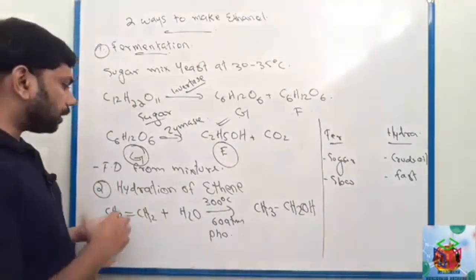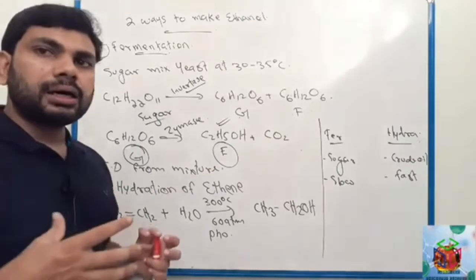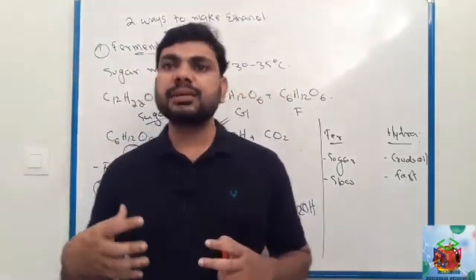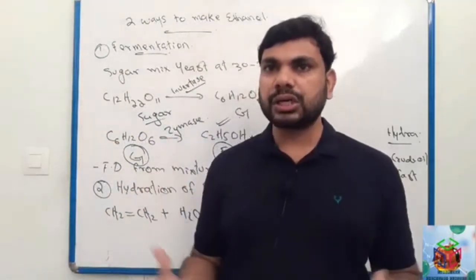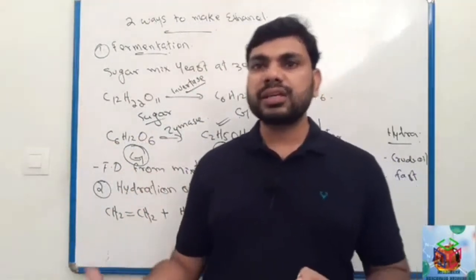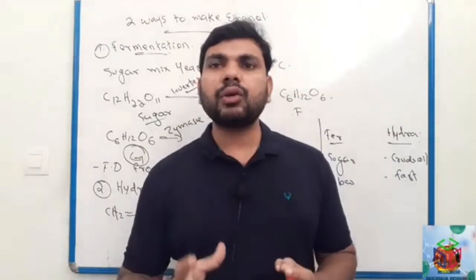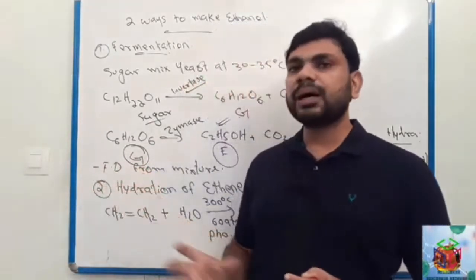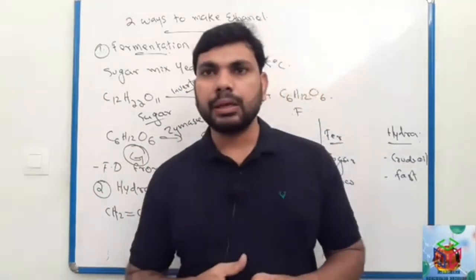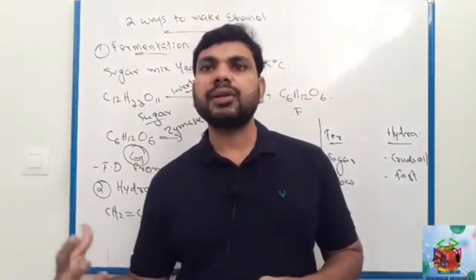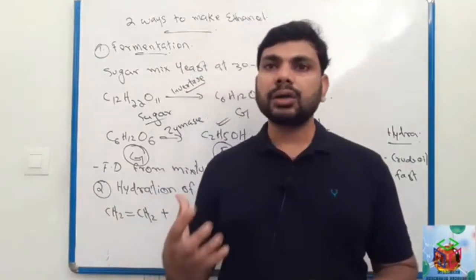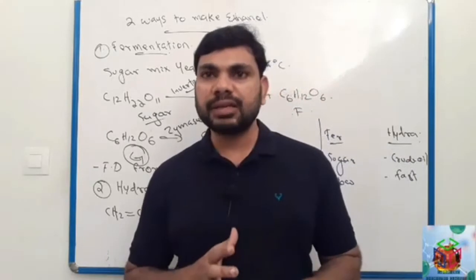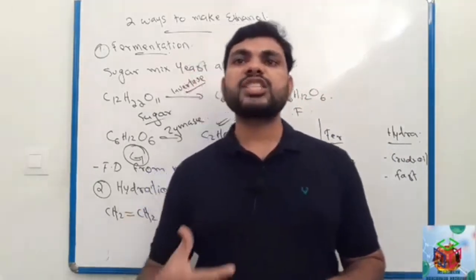Before the second method, one more point. Alcohol produced by fermentation is a mixture which contains water and different substances. So we will obtain pure alcohol from this mixture by fractional distillation, because different fractions have different boiling points. The boiling point of alcohol is 70. The boiling point of water is 100.